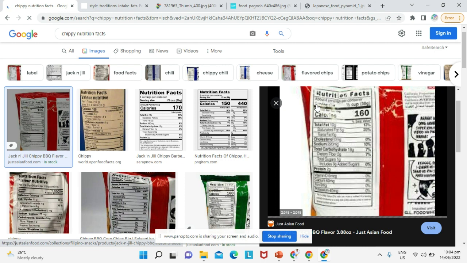So on Thursday, you will need to bring two food packagings. It could be 2 or 3, basta more than 1. Okay?